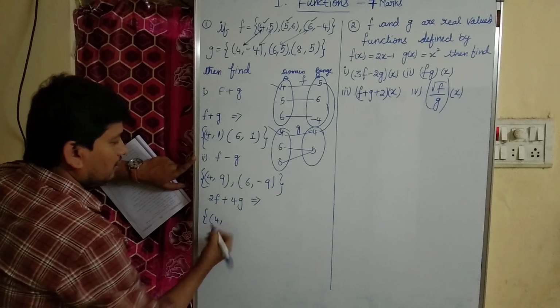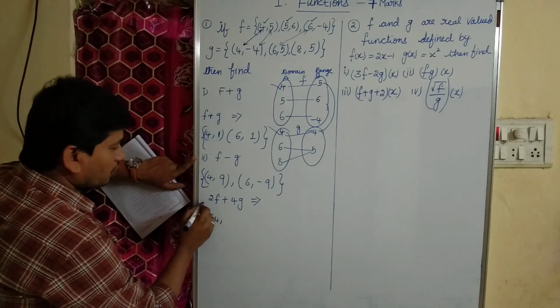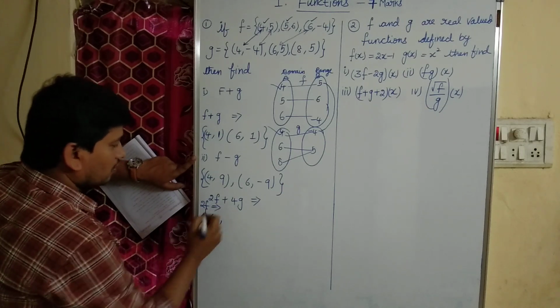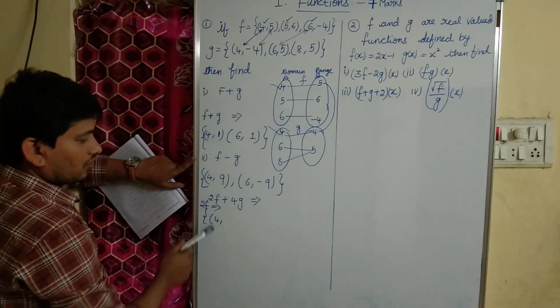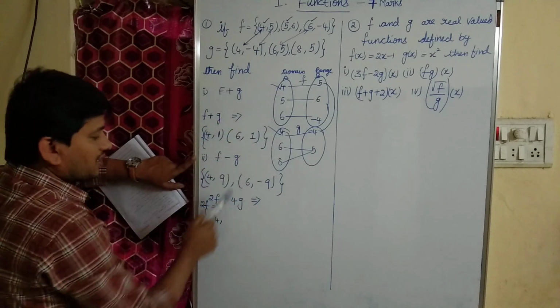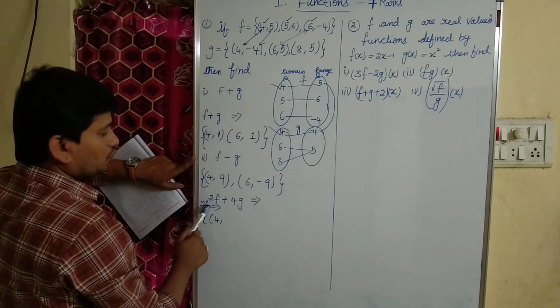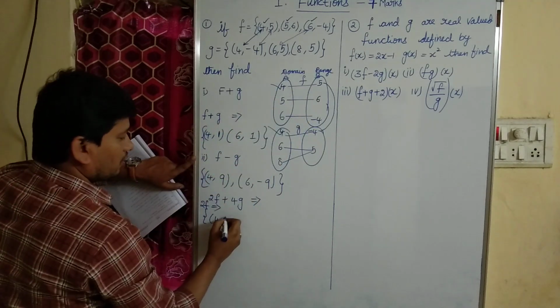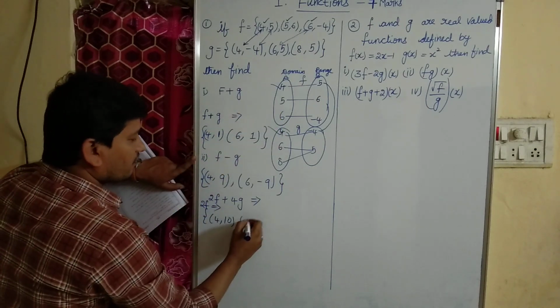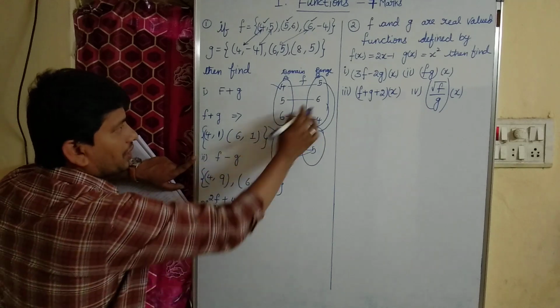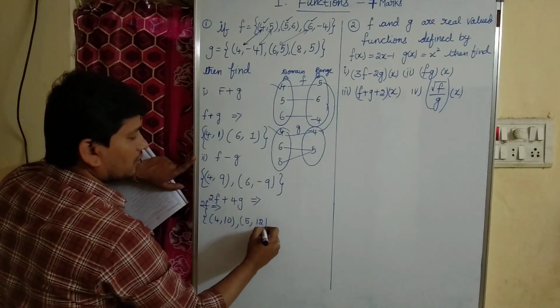First let us find out 2f. So f is 4, 5, 6. Let domain as it is, 4. 2f, I mean 2 into 5, 2 fives are 10. Second domain as it is, 5. Now 2 into 6, 2 sixes are 12.